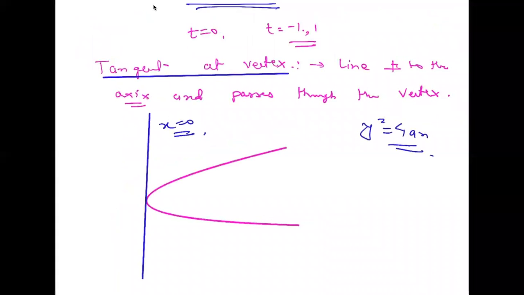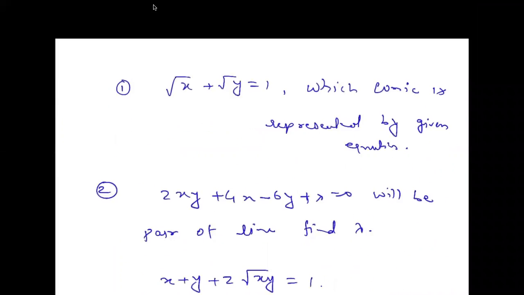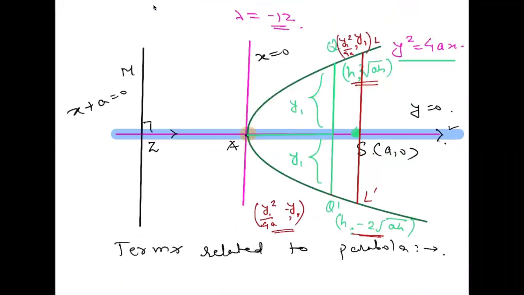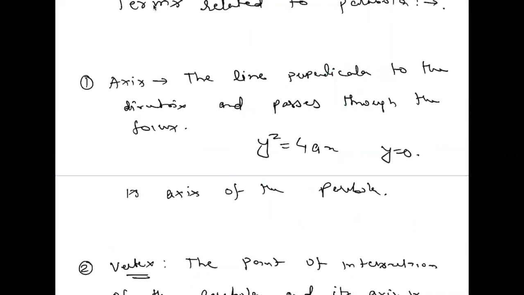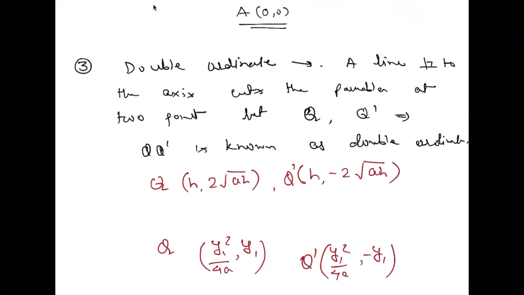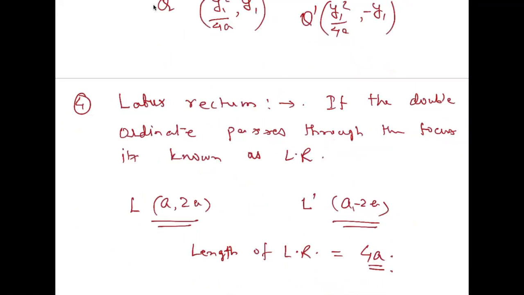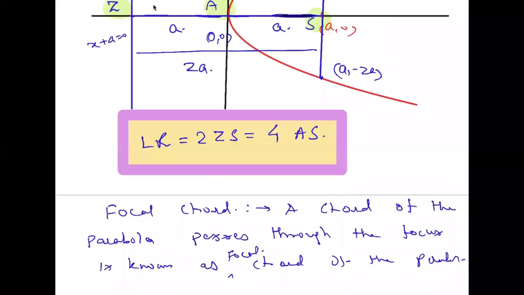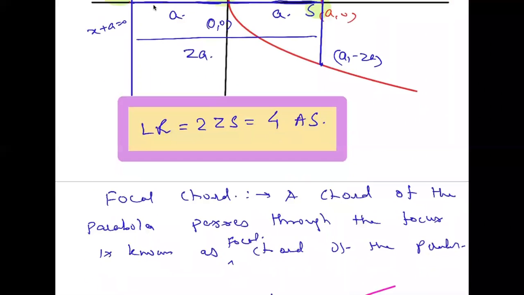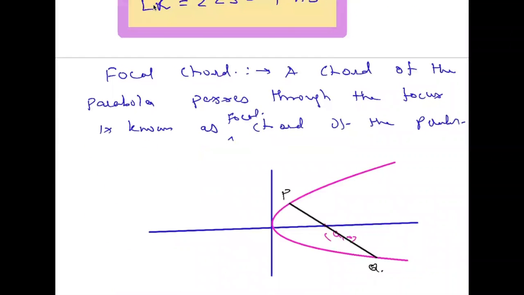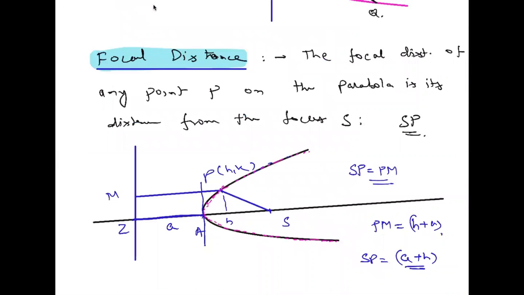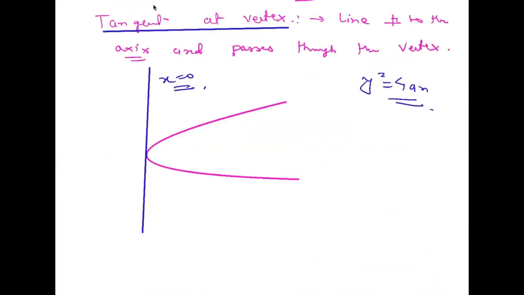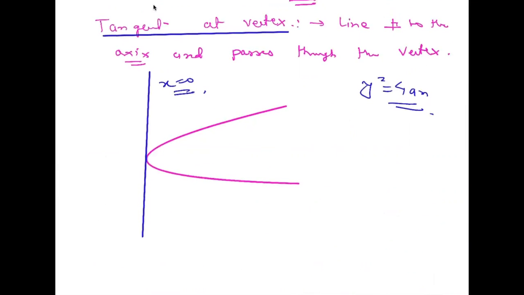Starting from the first one: axis, second is vertex, double ordinate, latus rectum, and the end points of the latus rectum, the relation between the latus rectum and all the points, focal chord, focal distance, a very important point, parametric equation, and tangent at vertex.